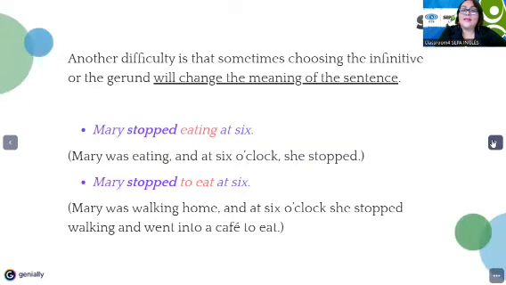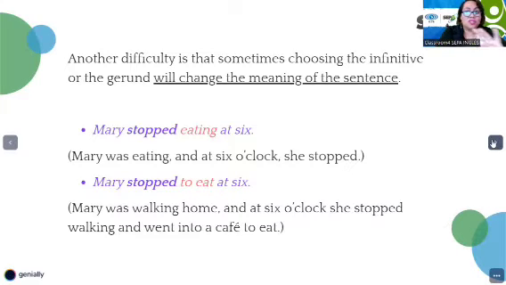Another difficulty is that sometimes choosing the infinitive or the gerund will change the meaning of the sentence. Mary stopped eating at 6. Mary was eating and at 6 o'clock she stopped. Mary stopped to eat at 6.